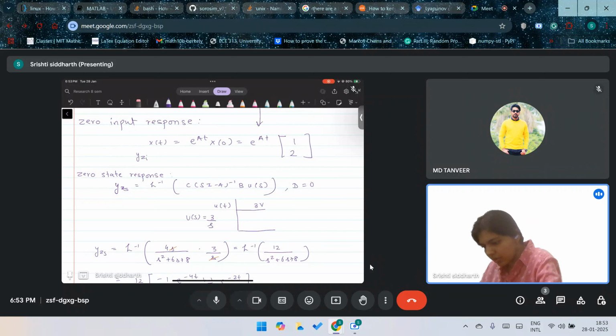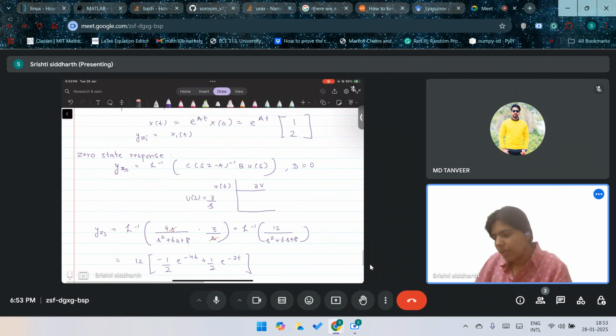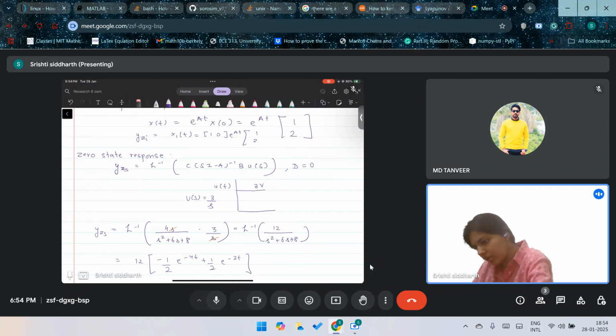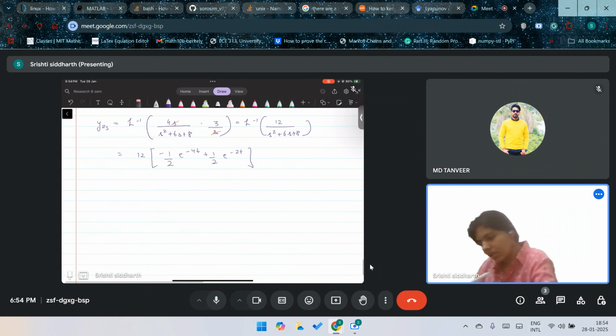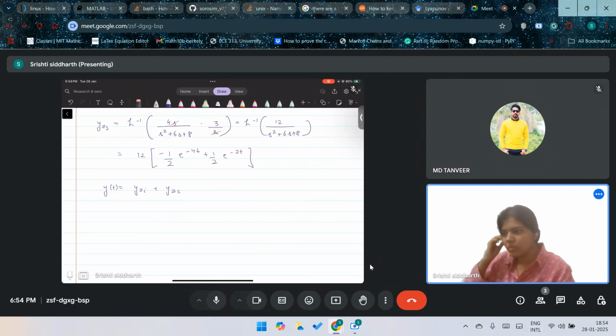The zero input response is x of t, which is x1, so this is 1 0 times e to the power At times the initial value. So we have y_zi and y_zs. The overall response at any time t is just the sum of these two.